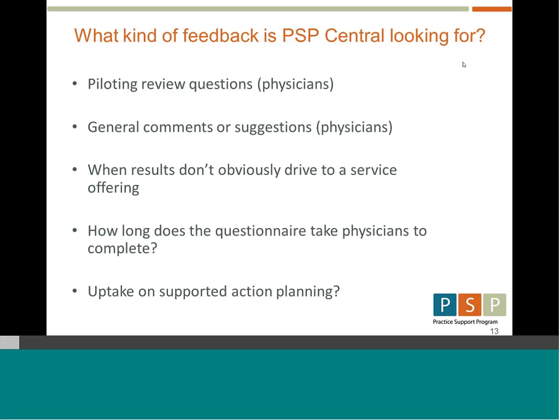We definitely need to think about how we're engaging with divisions with this, between what the division wants out of it and what we want out of it, because remember, you guys, we support doctors on the ground in their practice to provide better patient care.